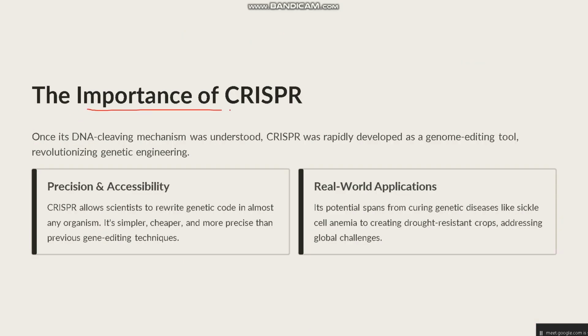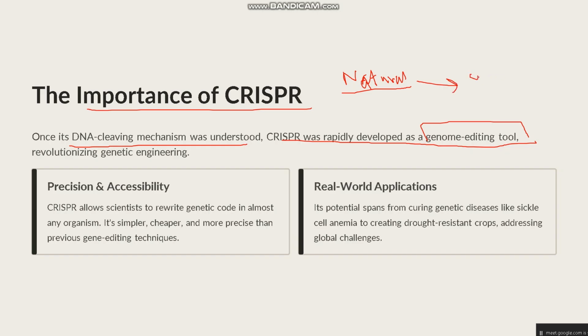The importance of CRISPR is that once its DNA cleaving mechanism was understood, CRISPR was rapidly developed as a genome editing tool. First of all, it is a natural process that was understood by scientists.